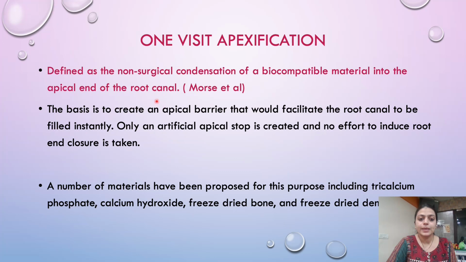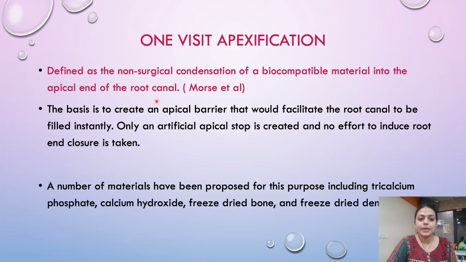It is defined as the non-surgical condensation of a biocompatible material into the apical end of the root canal. Okay, the basis is to create an apical barrier that would facilitate the root canal to be filled instantly. Okay, so one visit, because we are filling the root canal instantly, single visit. Only an artificial apical stop is created and there is no effort to induce root end closure in this.